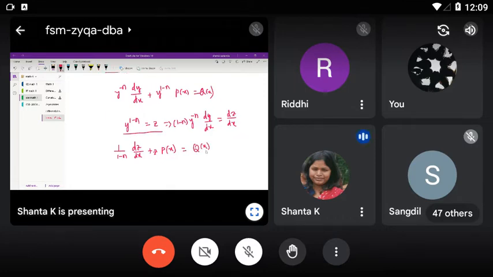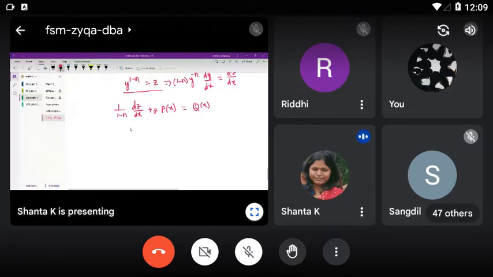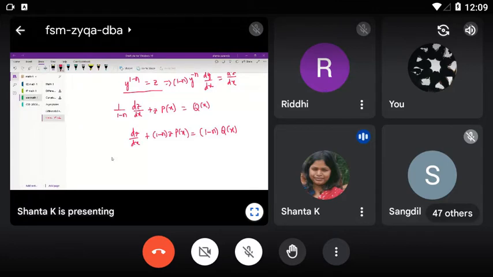Okay. And 1 by 1 minus n is a constant, so you can multiply and it won't impact anything. Now this is your equation. Okay, now you can see it's a linear equation, and you can solve it like by the previous method.